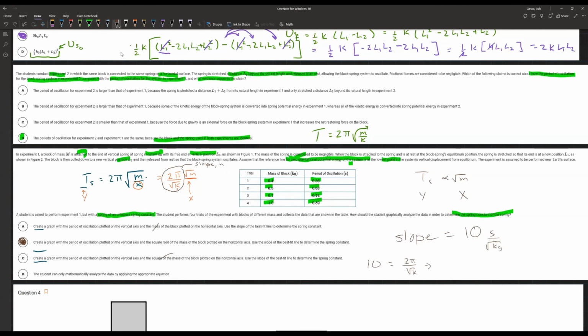And we can rearrange this and get square root of k equals 2 pi all over 10. So the 2 pi doesn't really matter. It's just part of like a multiplier. So we can go ahead and say that k is really going to be 2 pi quantity squared all over 10 quantity squared, and it works out.